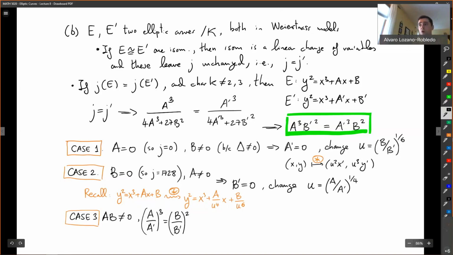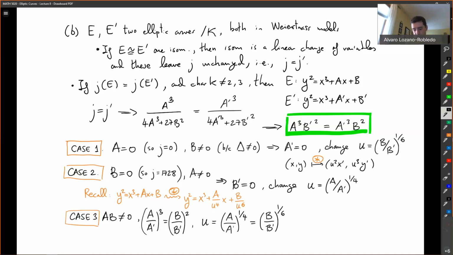So there is a common factor u here, which is that if I take a fourth root of this, that is the same as if I take a sixth root of this, right?